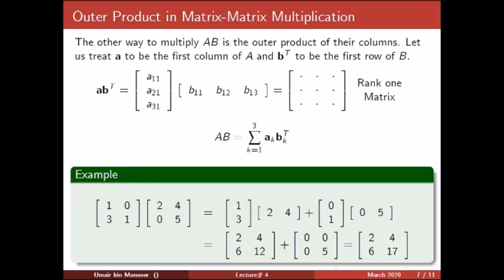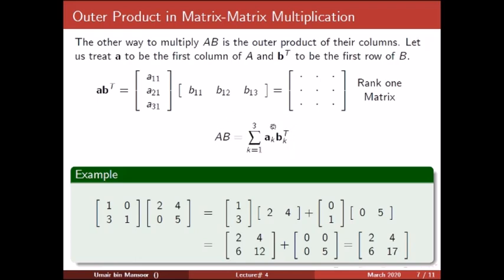So this is the first outer product. The next outer product would be the second column of A and the second row of B. The third outer product would be the third column of A and the third row of B. So it is visible here in this formula.